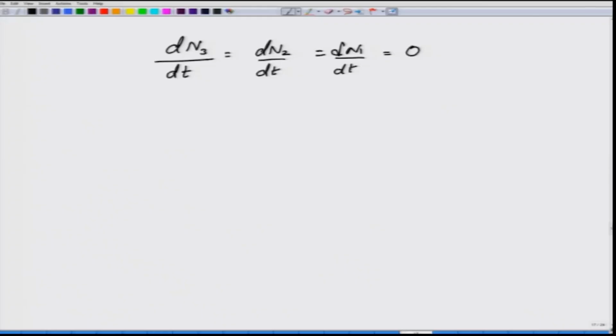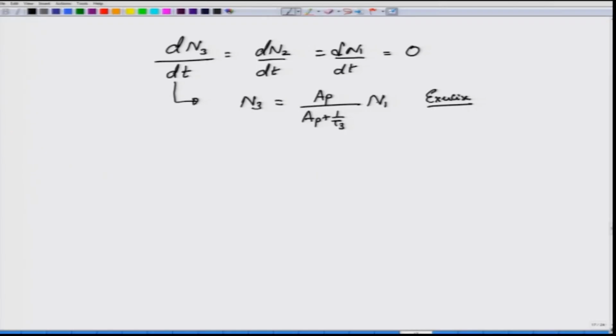When you set the first one to 0, you will find that you can write down n3 in terms of n1. So, you will have AP divided by AP plus 1 by tau 3 times n1. This is a simple exercise. You just have to set dn3 by dt equal to 0, and you can get a relationship between n3 and n1.